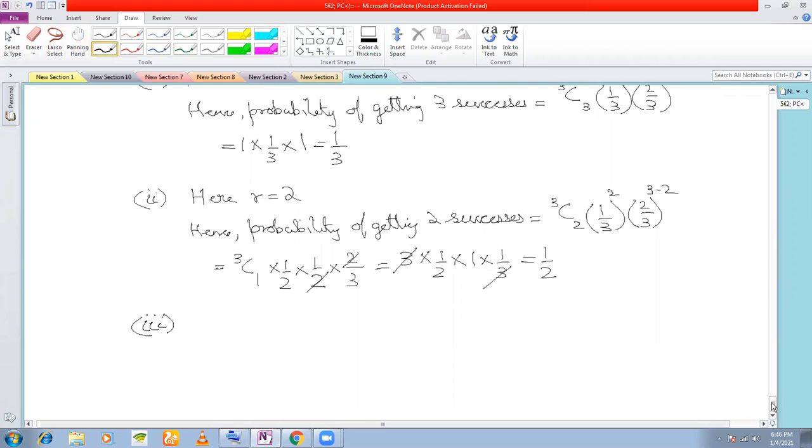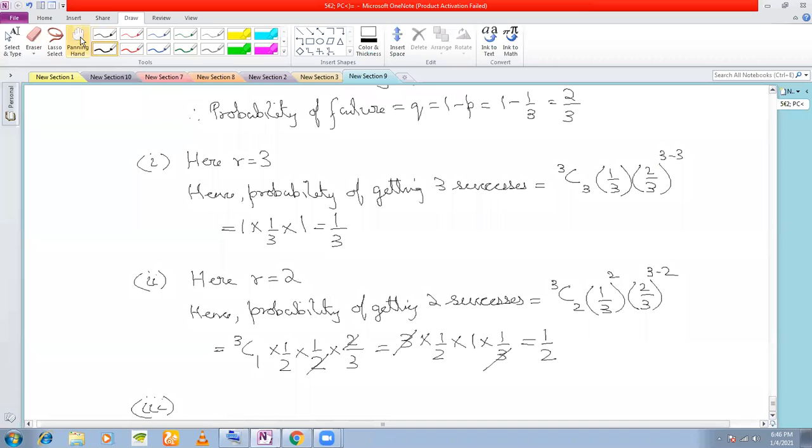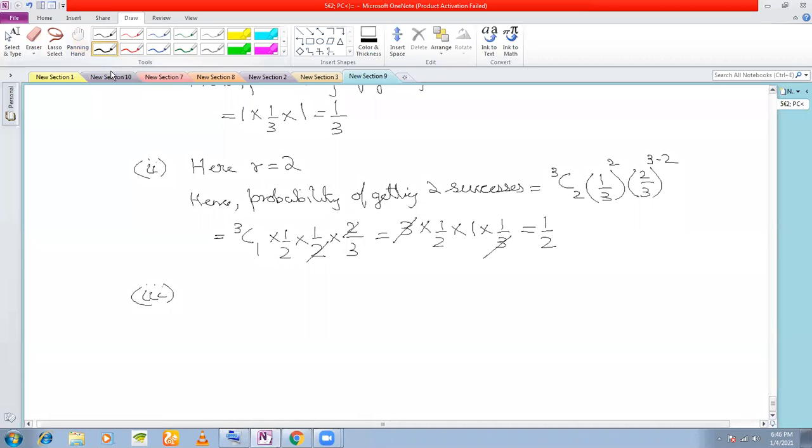Next question is the probability of getting at most 2 successes. Now, what do you mean by at most 2 successes? I just told you. At most 2 successes means you get either no success, or 1 success, or 2 successes, right?